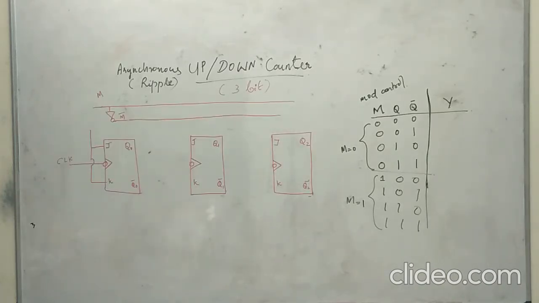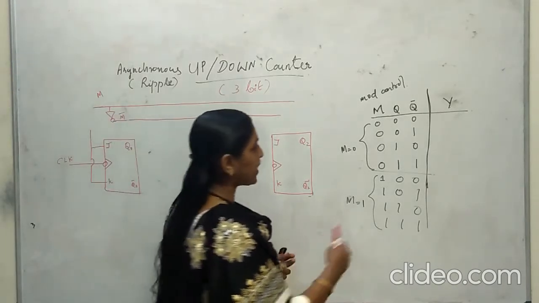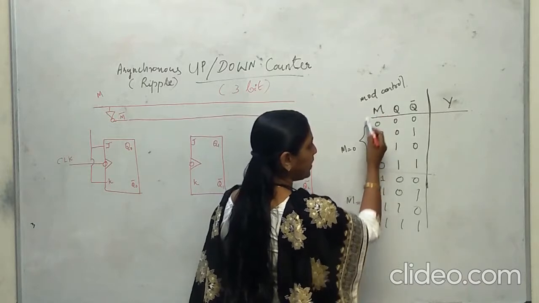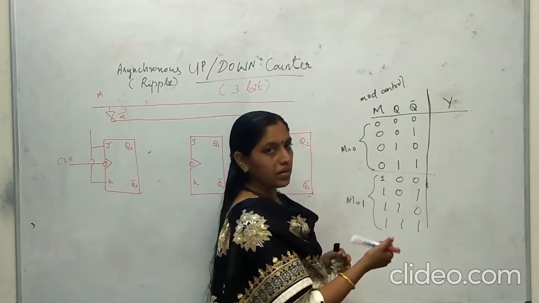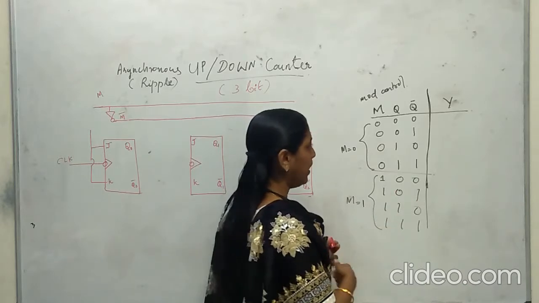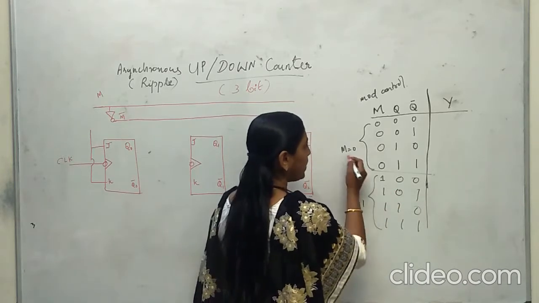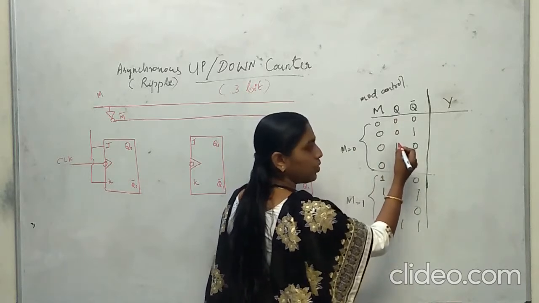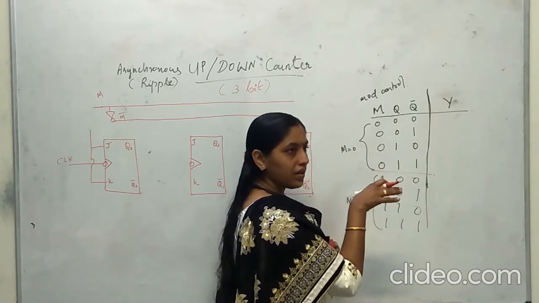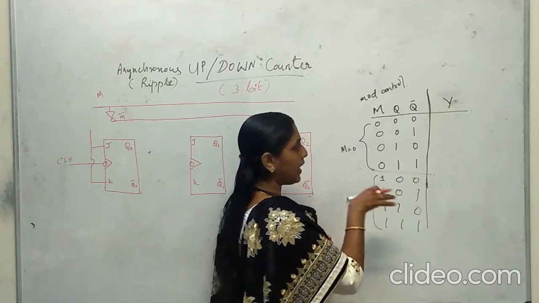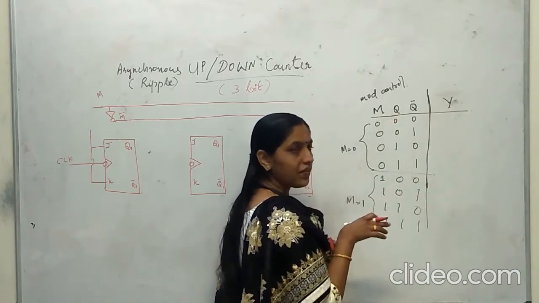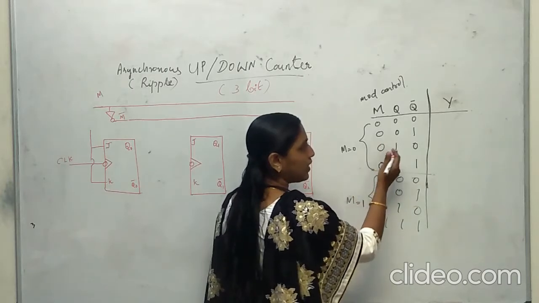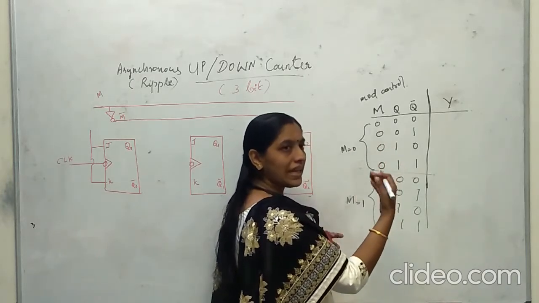Now we can see that I am using a control input, and this control input is M. Depending upon the value of M, I am choosing either Q or Q bar as the clock for the next flip-flop. We know that if it is a negative edge triggered flip-flop, and I am choosing Q as the clock for the next flip-flop, then it will behave like an up counter.